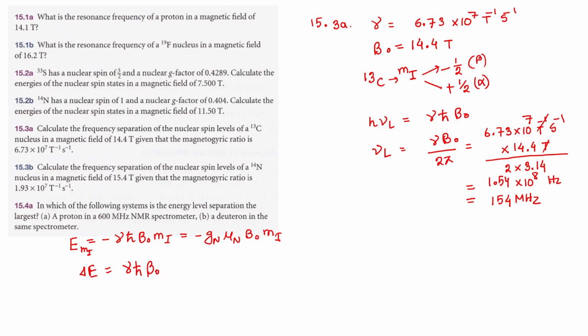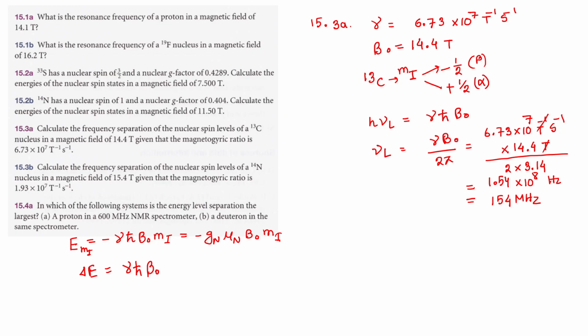The same question is given for 14N, but in this case you have to remember you are now dealing with 14N. So your 14N has three states, right? Three states means plus 1, 0, minus 1. So you need to calculate the energy gap first, and based on that you need to calculate this.